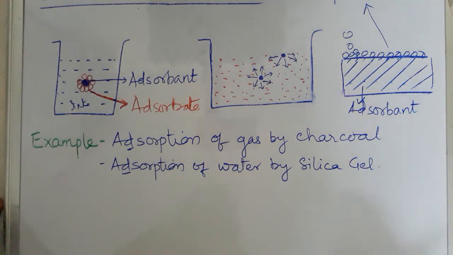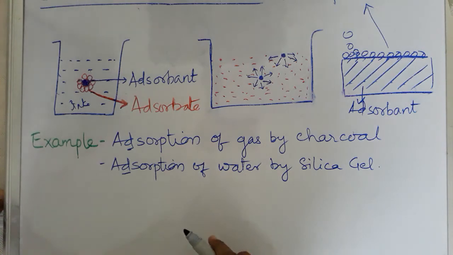They are placed in the packets of electronic devices like mobiles or in water cool jugs. So this silica gel sachet adsorbs moisture, that is, the water particles get accumulated on the surface of silica gel.